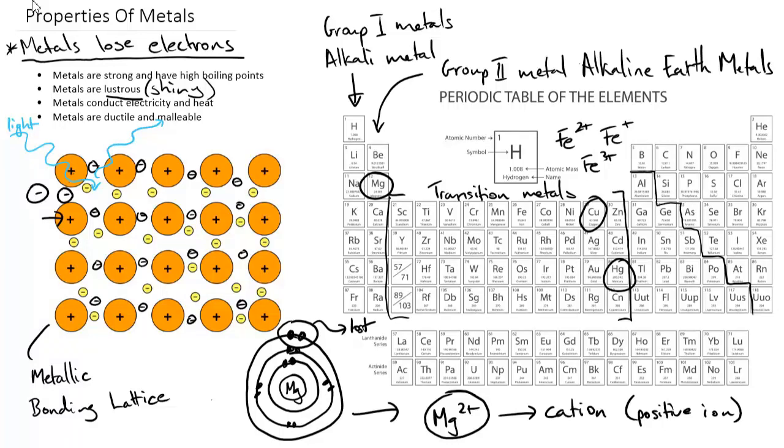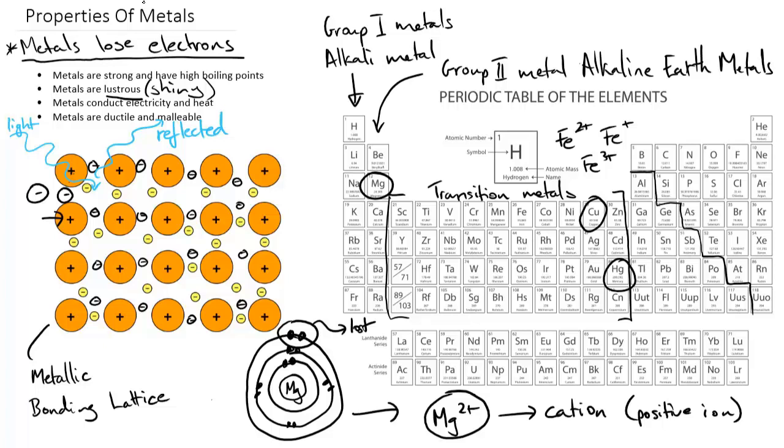Okay, so the light will be reflected, and this is what will make the actual metal shiny. It's because of the delocalized electrons.